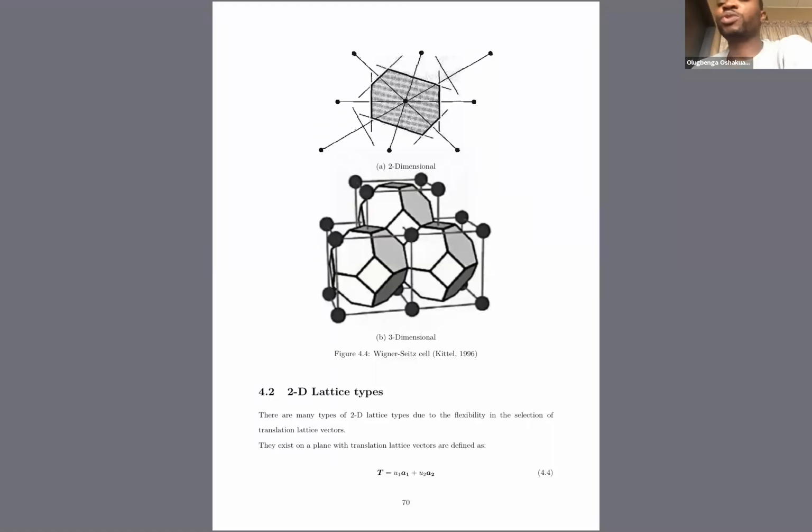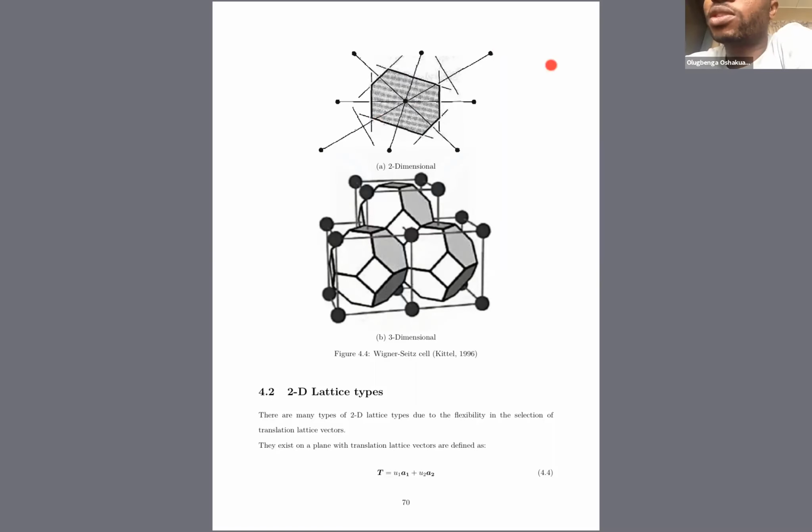A way to go about it is to say this is the central point, and we want to determine the Wigner-Seitz cell at this point. The Wigner-Seitz cell, like I've defined, is the locus of points that are closer to the central point of interest than to any other lattice point. Everything shaded here is closest to this central point than any other lattice point in this array.